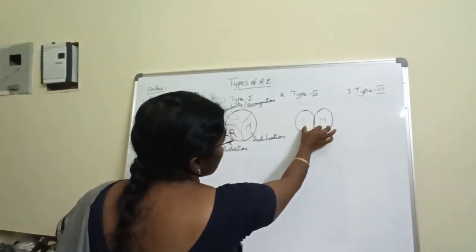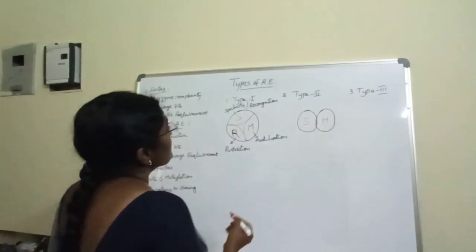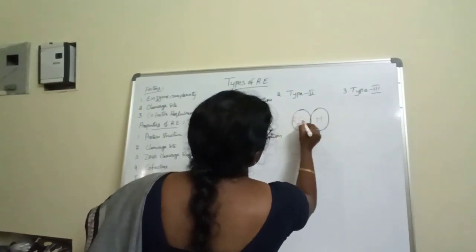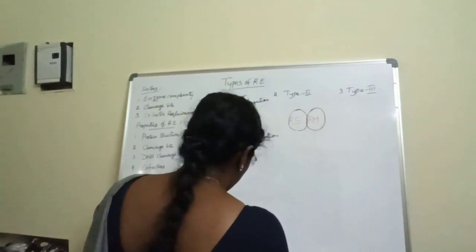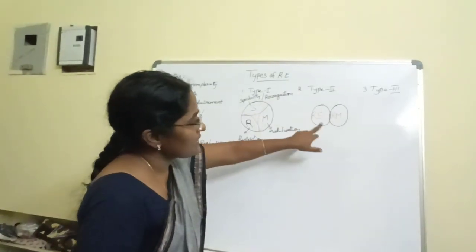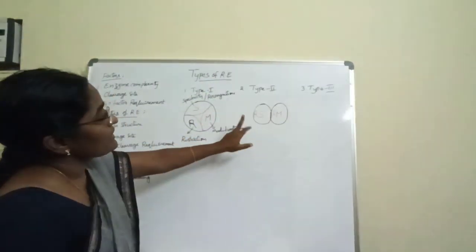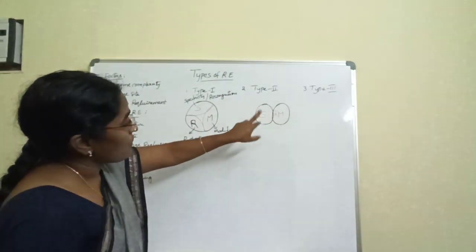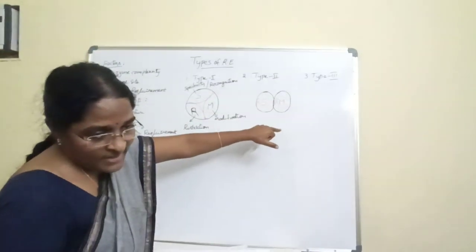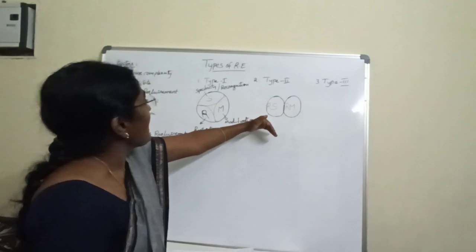But both of these enzymes perform the restriction activity. Type 2 enzymes are multi-enzyme complexes with 2 symmetrical enzymes conjugated to each other.